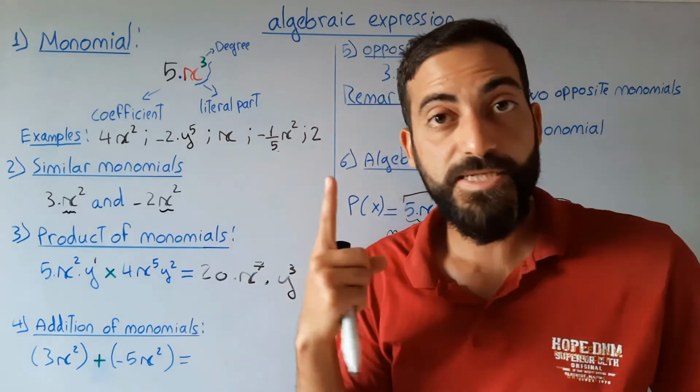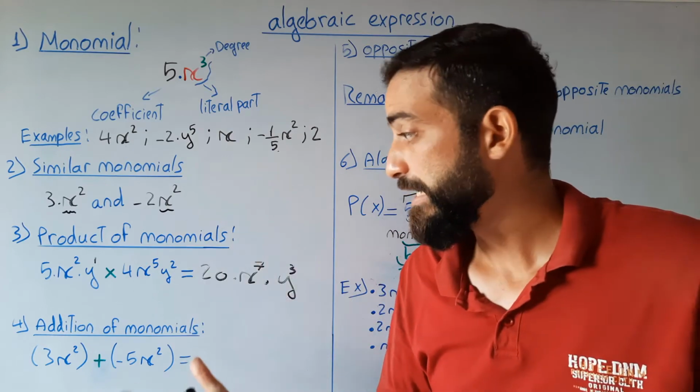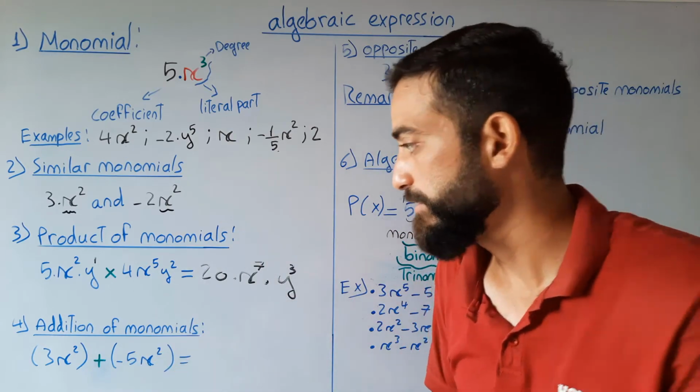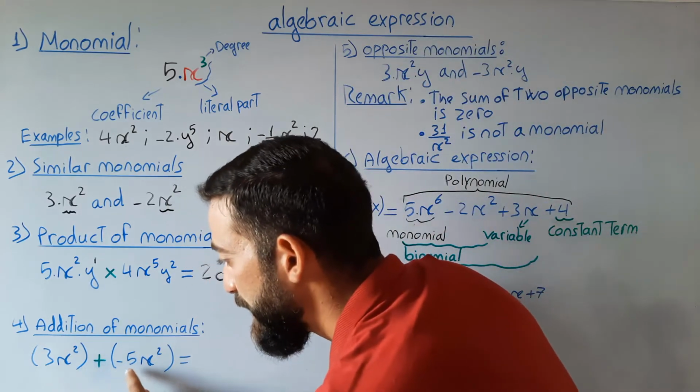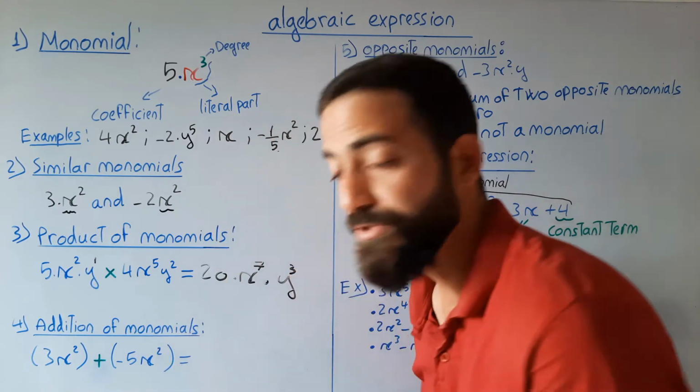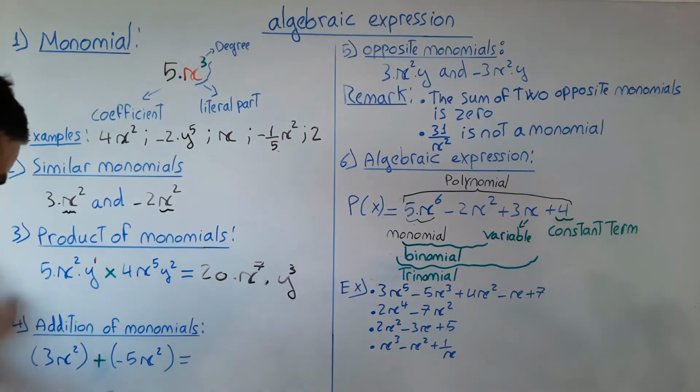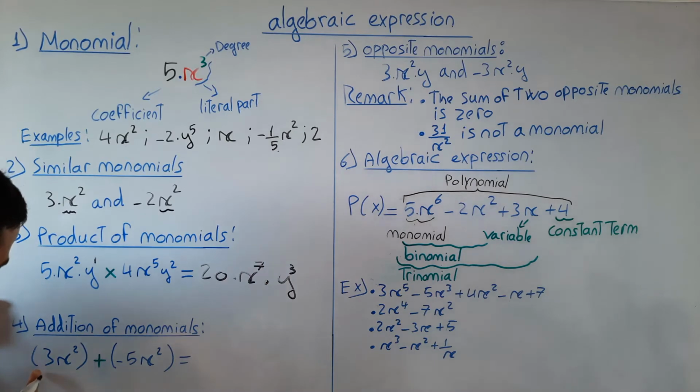Only similar monomials can be added or subtracted. So 3x² plus minus 5x²: only the coefficients are added or subtracted.